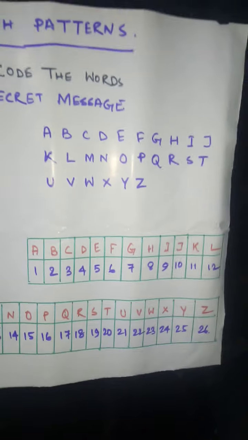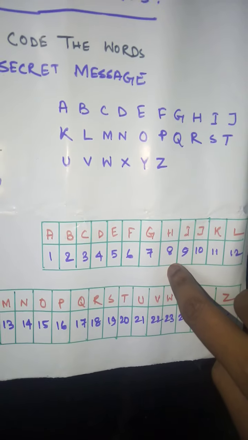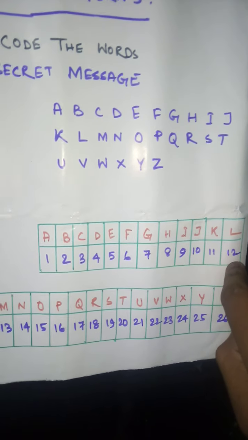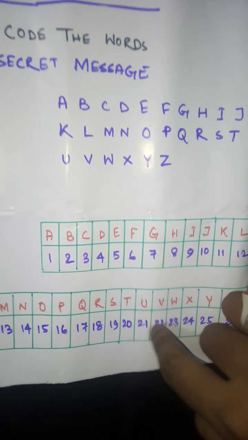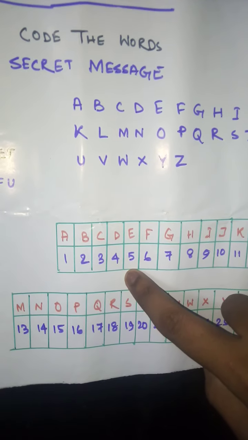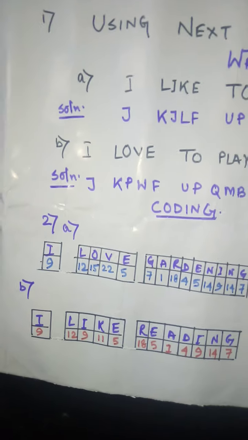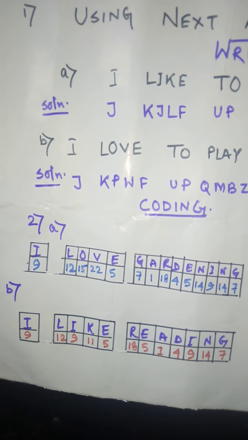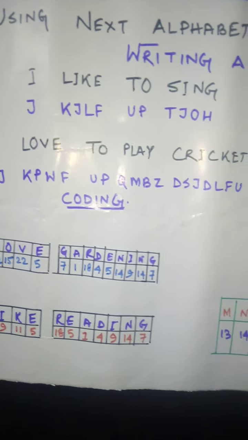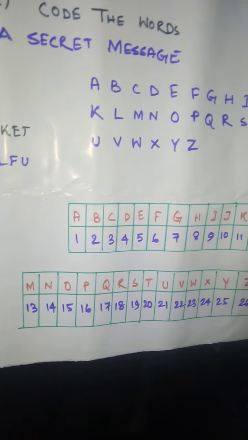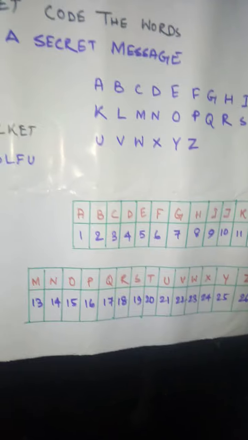How are we getting that? I stands for 9, L stands for 12, O stands for 15, V stands for 22, E stands for 5. So if we take the first two words of the secret message, we can get this matching from the table.